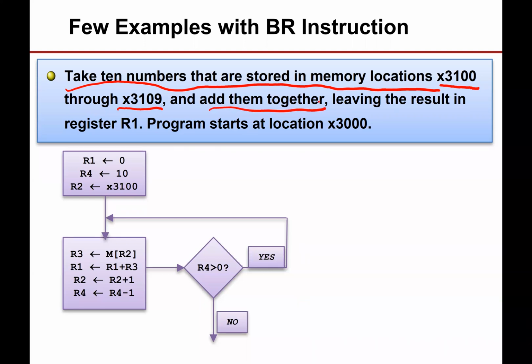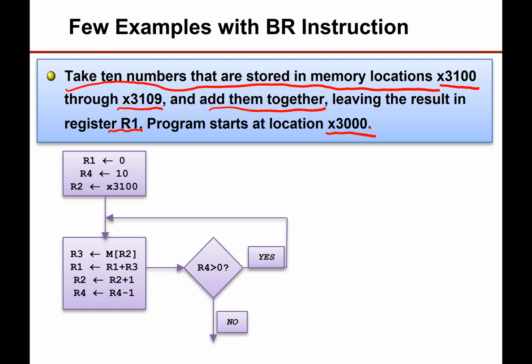So also do the sum and leave the result in R1. And the program also starts at x3000. So they are the same. But if we design a different algorithm, it may have some differences.